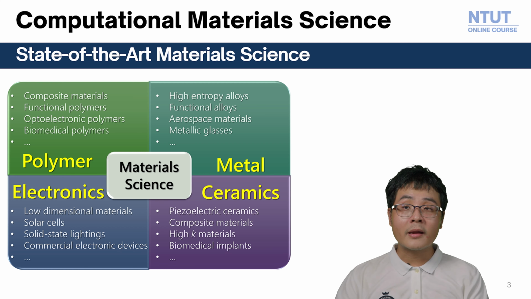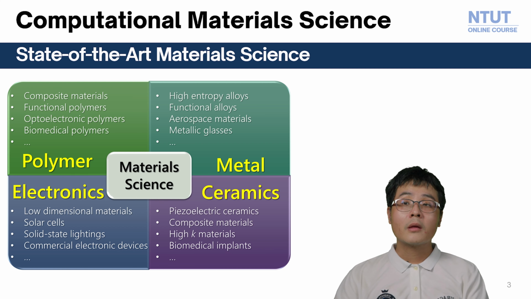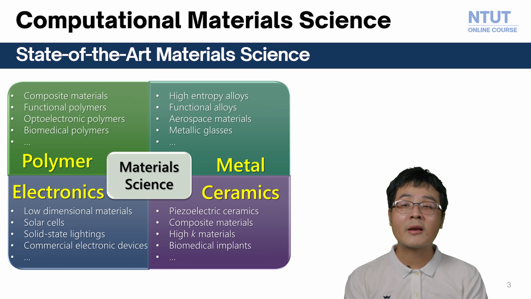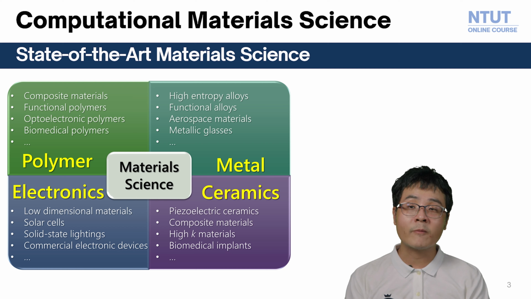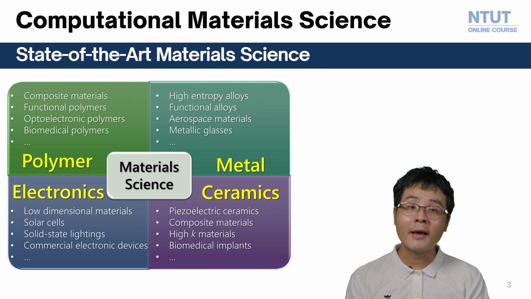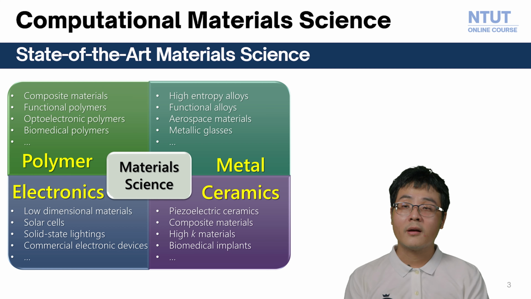As for electronic material, it is typically known as semiconducting materials. We typically use these kinds of electronic materials in photovoltaic devices, such as solar cells or photodetectors, or any other kinds of transistor or IC chip in electronic devices.